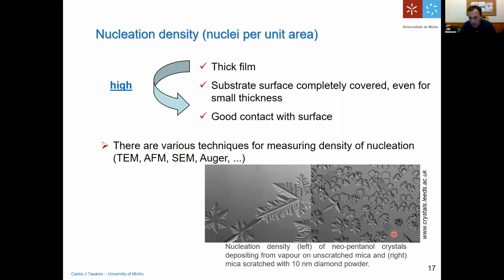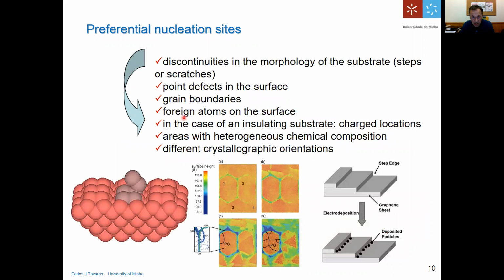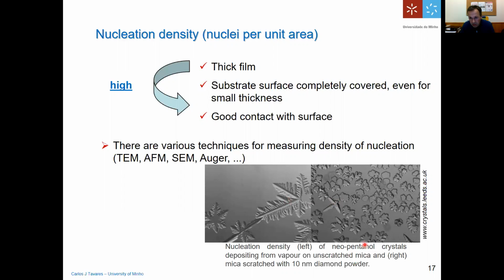And so by scratching the surface, you will create some defects, like I said, some scratches or some kinds of step lines, so that when the first neopentanol molecules reach the surface, they will be attracted to these defects, and they will nucleate in the form of these islands that you see here.